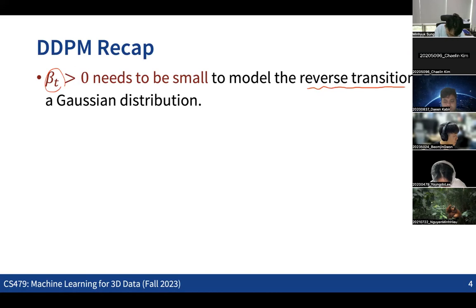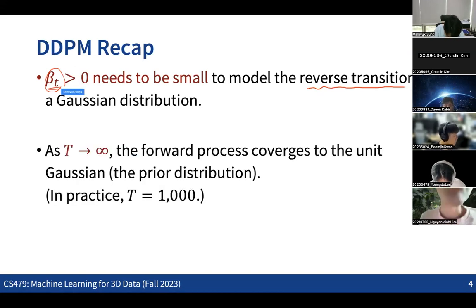But if we make beta small, we also need lots of steps. When t goes to infinity, the forward process can converge to the unit Gaussian. That's the property that we need to satisfy in designing the DDPM process.